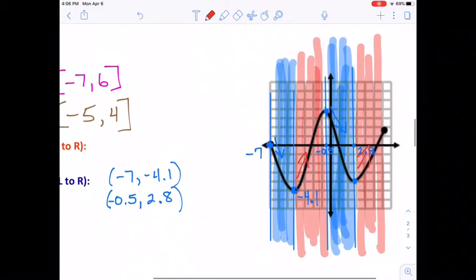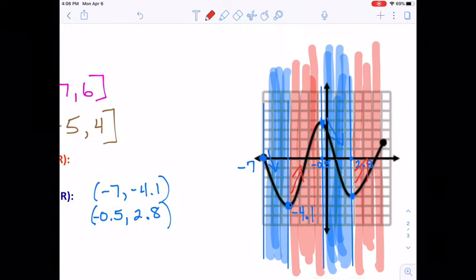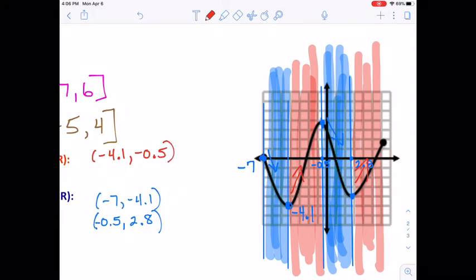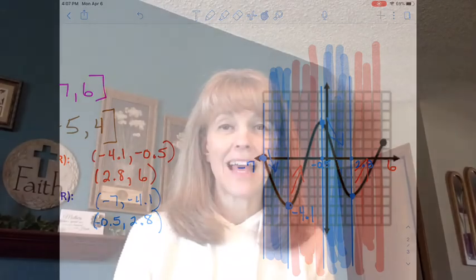So we want to list those intervals as increasing from -4.1 to -0.5, and also from 2.8 to 6. Again, use the parentheses on the increasing and decreasing sections. Now do increasing and decreasing on the your turn problem.